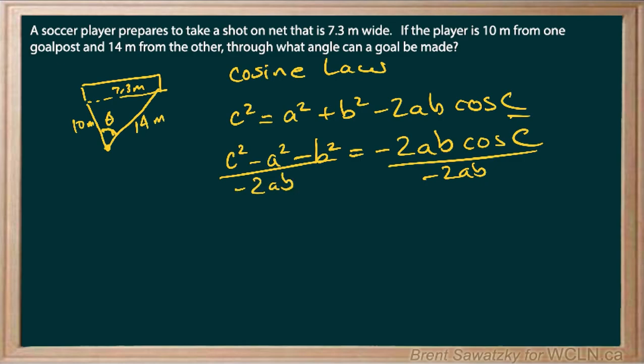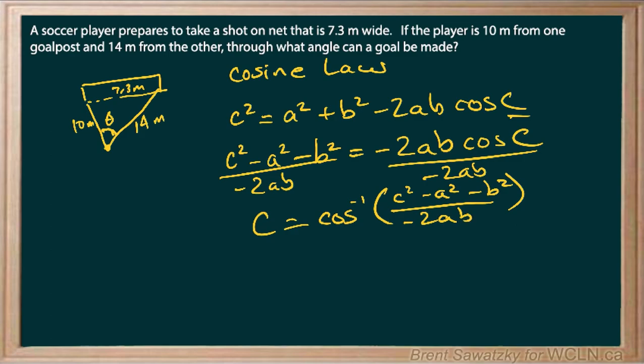And we're left with C is equal to the inverse cos of (c squared minus a squared minus b squared) all over negative 2ab. So we've got an equation for solving our C, so let's put in some numbers.